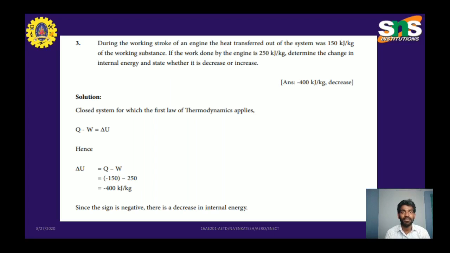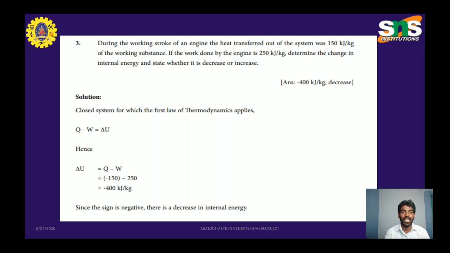So this is the solution part. In a closed system for which the first law of thermodynamics applies, the equation is Q minus W is equal to del U. In this problem we need to find the change in internal energy, represented as del U. So rearranging the equation, del U is equal to Q minus W. Then we substitute the Q and W values, and if a value is negative we put a negative sign.